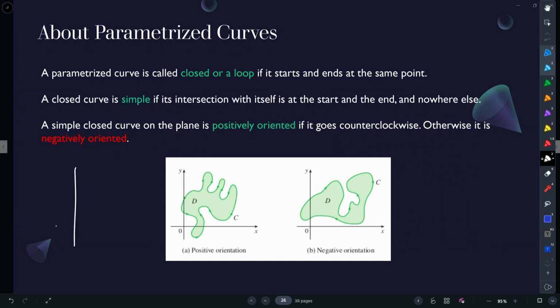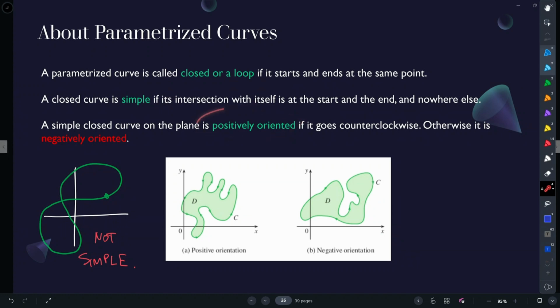Something that would be a loop but not simple would be if I start here and I go like this, and then I cross and end up at the same place. That's not simple because it's self-crossing. Okay, so this is not simple. So the ones that are here are simple because they are not self-crossing themselves.